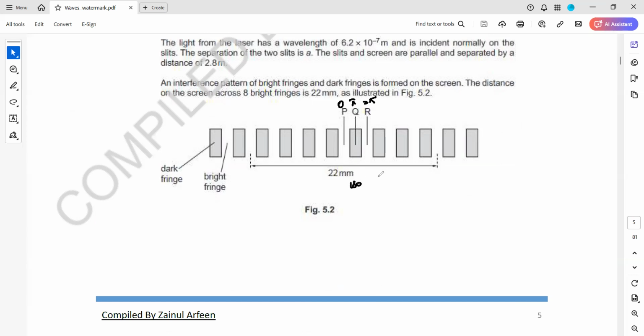When they're 180 out of phase, this is 0, 180, 360. Then 360 plus 180, you get 540. And then 540 plus 180, you will get 720. After every 180 phase, there will be constructive and destructive interference. So for R, the phase difference will be 360 degrees or 2 pi radian.